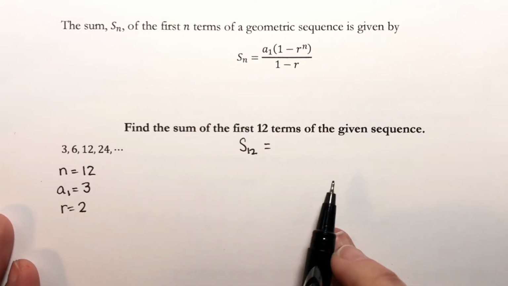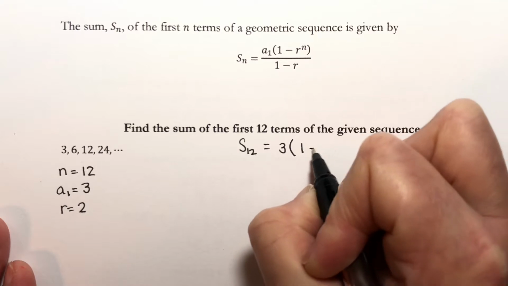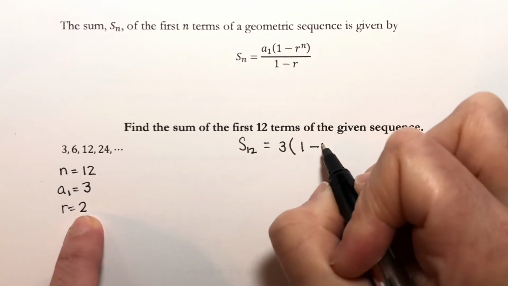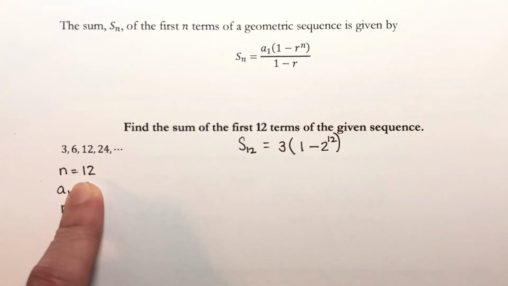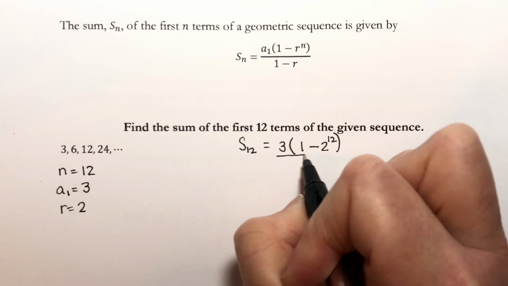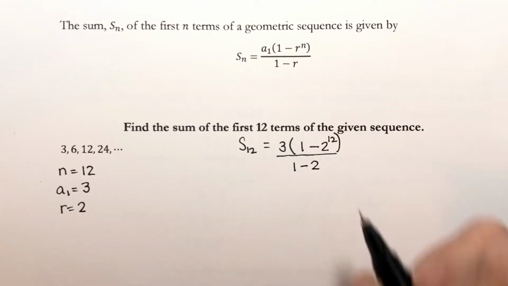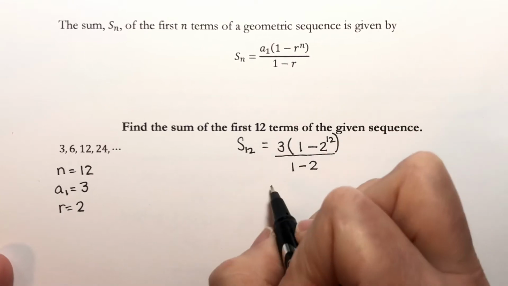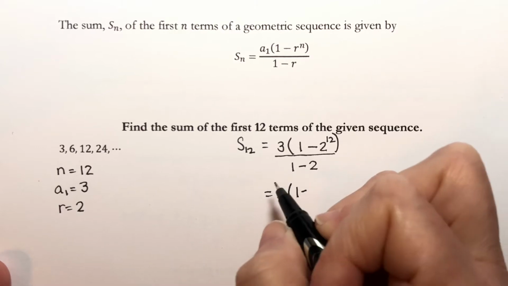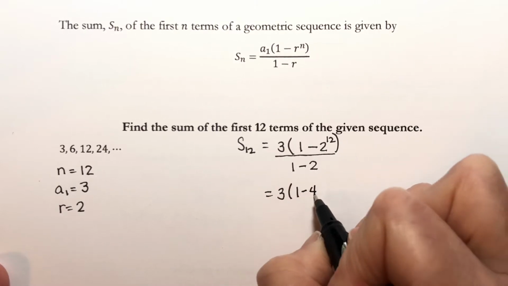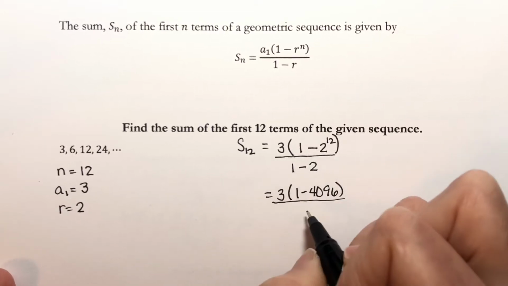So let's plug in here. A1 times 1 minus R to the nth power, so to the 12th power, over 1 minus our R value, which is 2. So this is 3 times 1 minus 2 to the 12th power, which is 4,096, over 1 minus 2, which is negative 1.